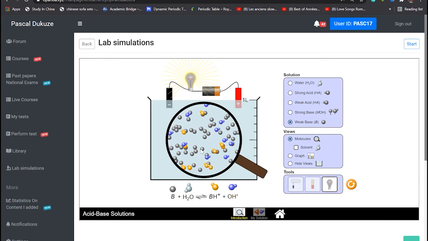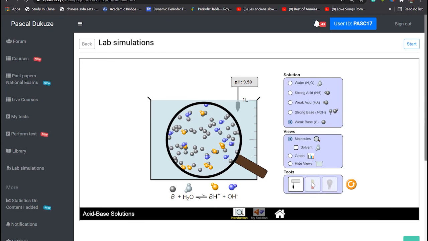So the combined form is present in a higher concentration than the dissociated form. And this shows that the solution is a weak base solution. You can check on the pH. The pH is 9.50. This is a pH for weak bases, weak basic solutions.